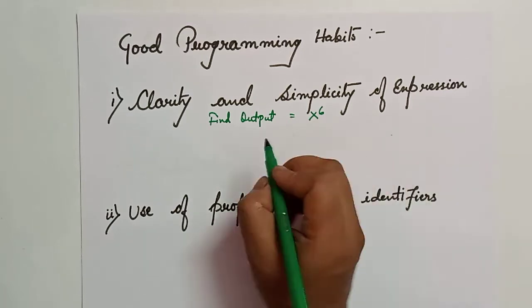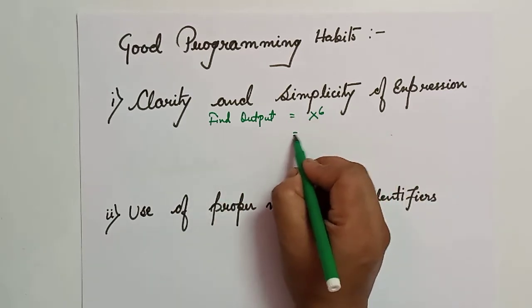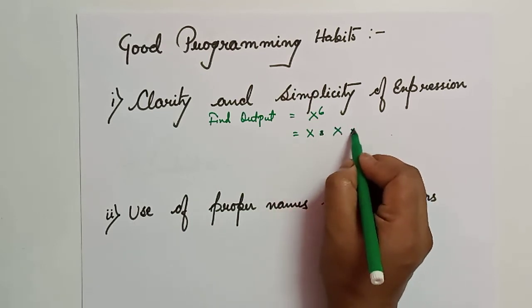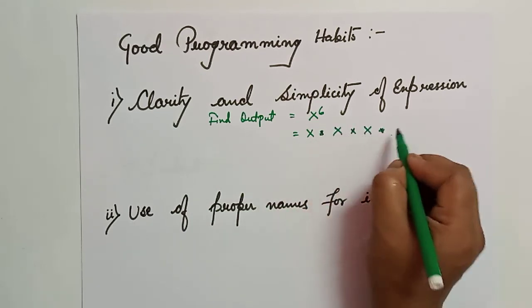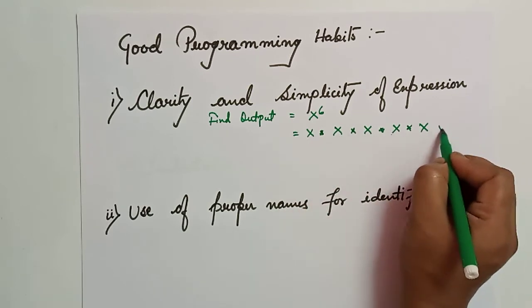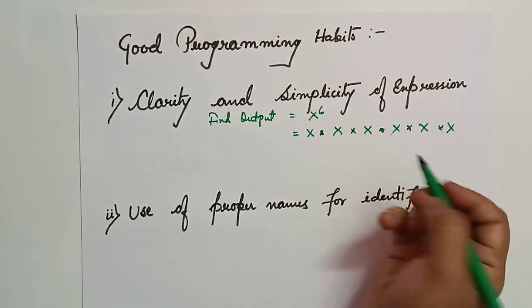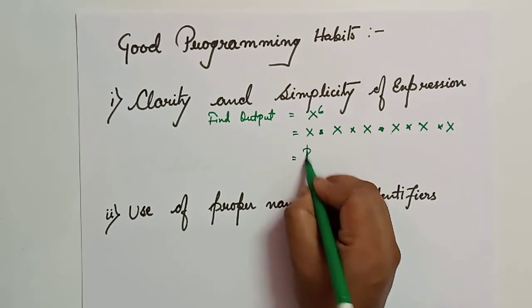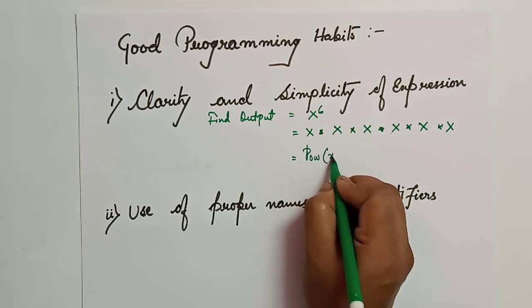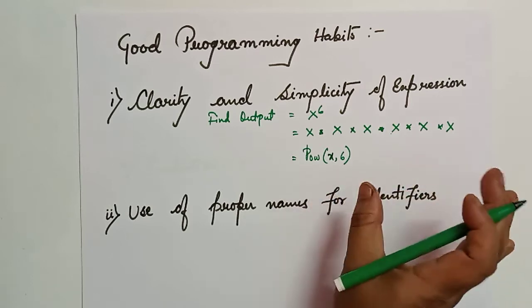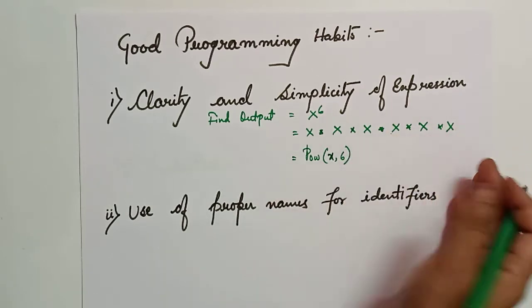Okay, so I can write it like this: x into x into x into x into x into x, 1 2 3 4 5 6. This can be done, or I can use a library function just like this: pow(x, 6). So this is the clear and very simple one. Okay, simplicity of the expression.